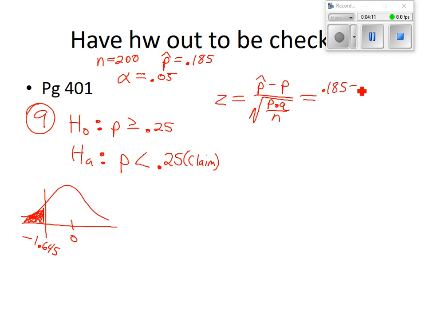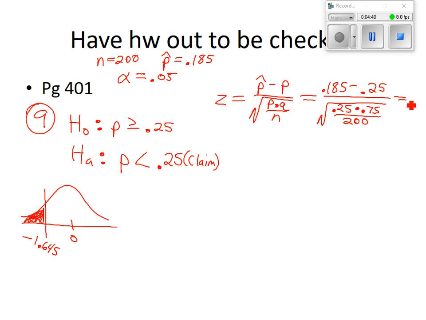Big P is 0.25. That comes from the claim. Big P again is 0.25 times, if P is 0.25, what's Q? 0.75, good. And N this time is 200. Figure all that out for us.